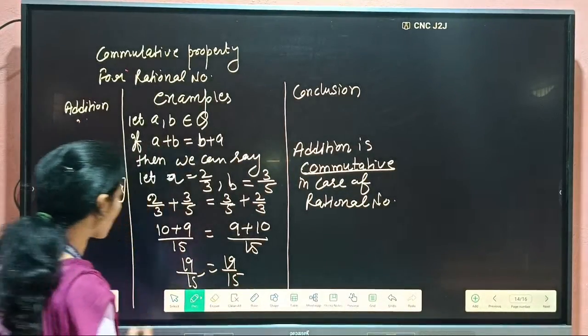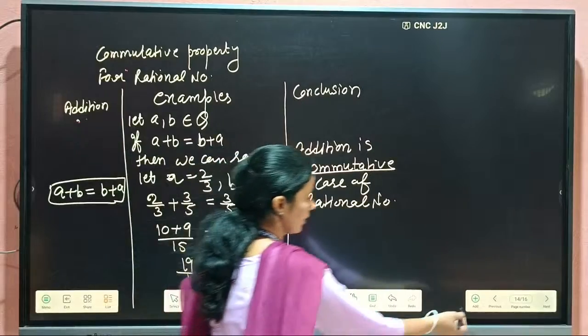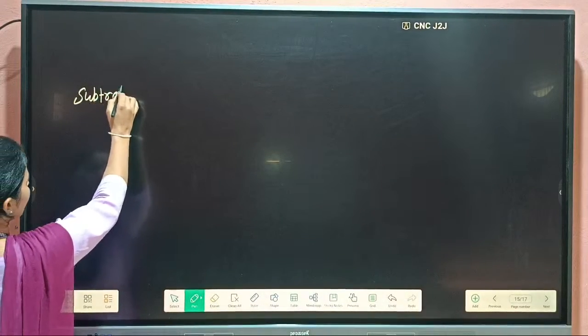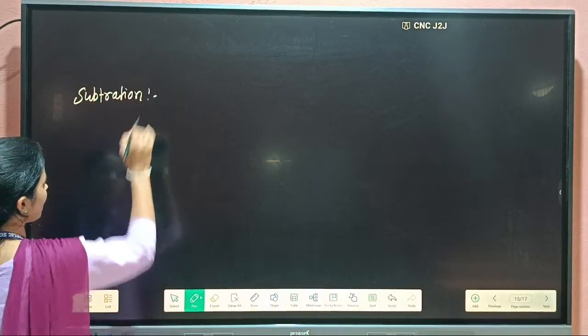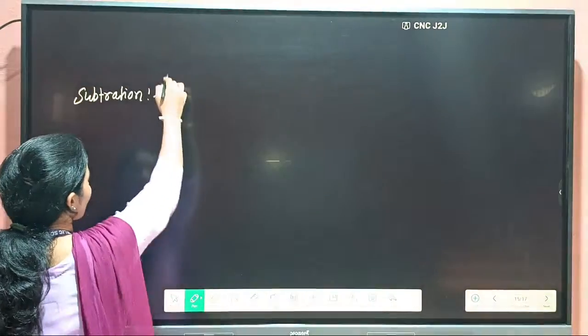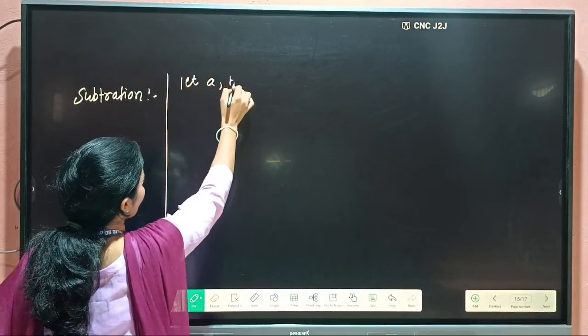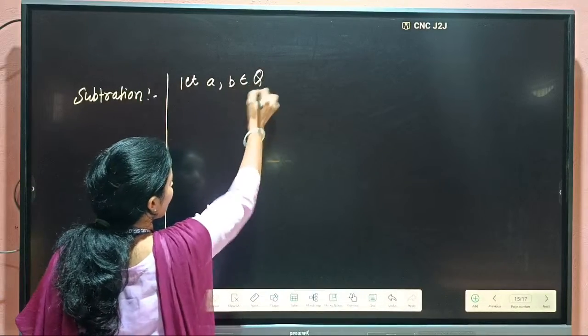Now for subtraction we want to check. Next operation, subtraction. Let us see. Consider this A and B from rational numbers.